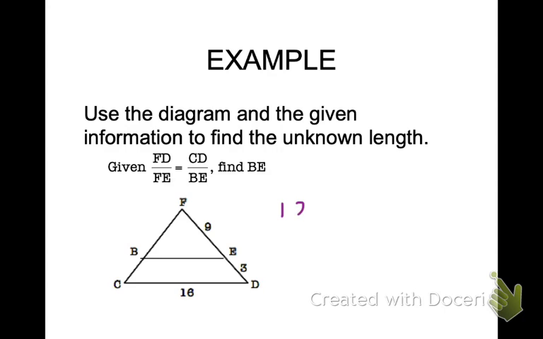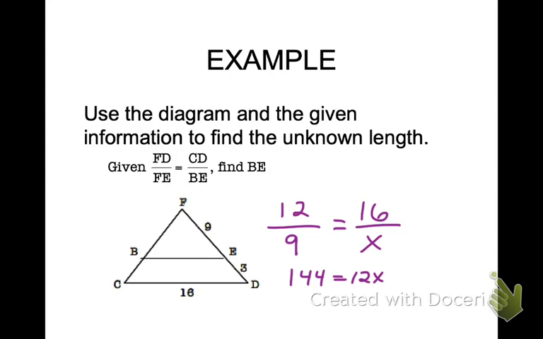12, thank you. FD is 12, over FE, which is 9, is equal to CD, which is 16, over BE, which we don't know, so I'm going to make that X. So cross multiplying that, 16 times 9 is 144, is equal to 12x.